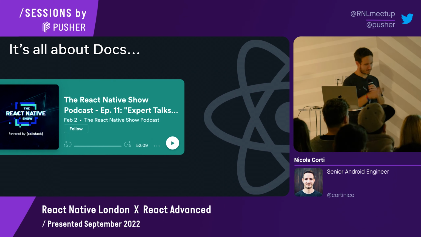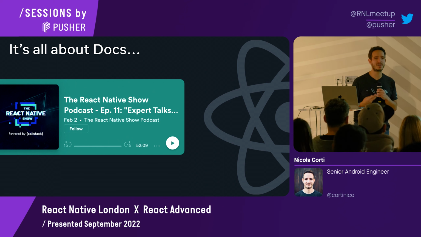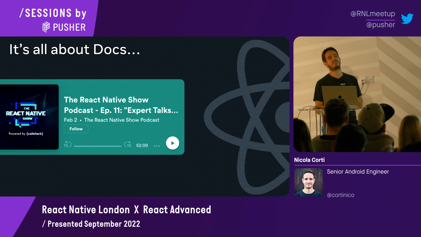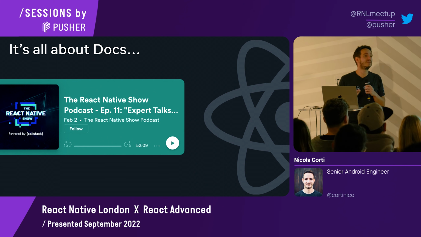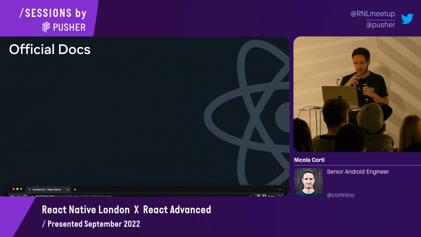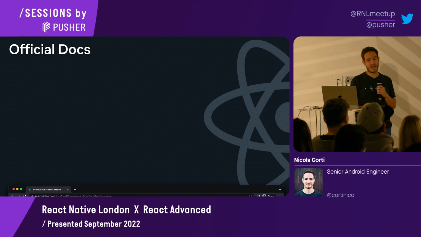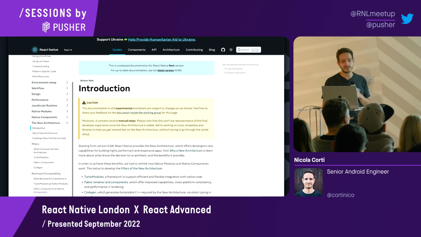I remember listening to the React Native Show, the episode where they mentioned that there are libraries already using those APIs, but asked how they do it, and so on. So it's really crucial for us to have good documentation that you can use and benefit from. That's why we have an official guide.